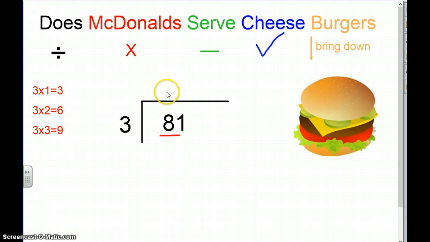So it could go in once, but I think that's too low. It's not close enough. So then I'm going to say, okay, I know 3 times 2 is 6. So 3 could go in 2 times, right? And then 3 times 3 is 9. That's too much. I don't have 9. I only have 8. So 3 can go into 8 2 times. And you're going to have a little bit left over. And that's what we're going to do in our next step.